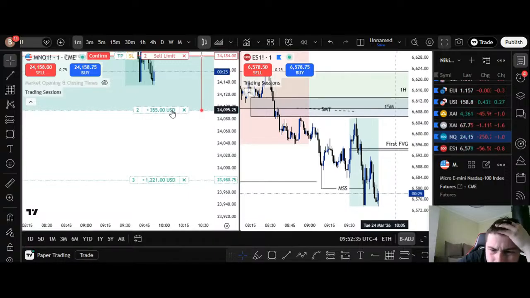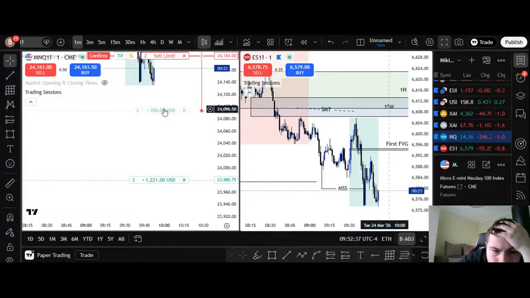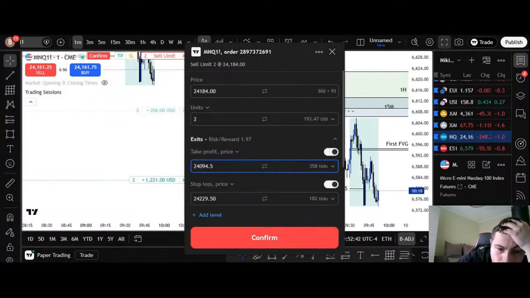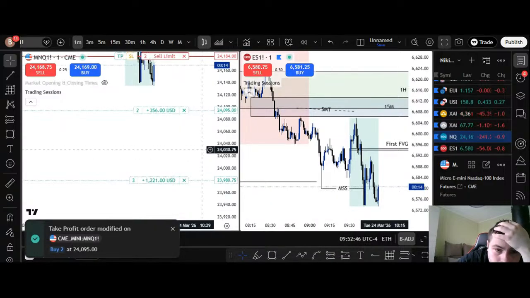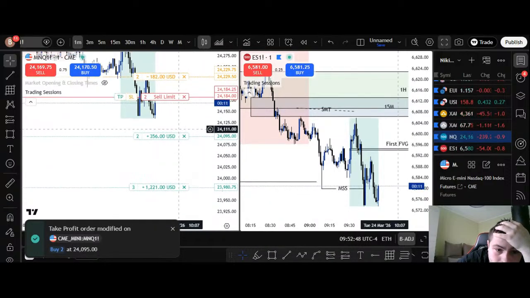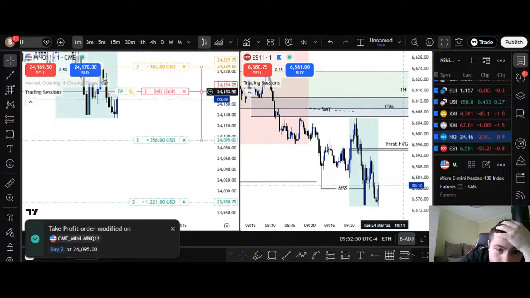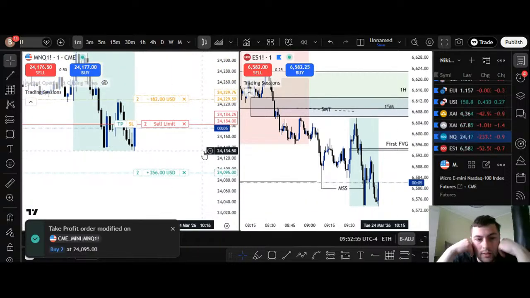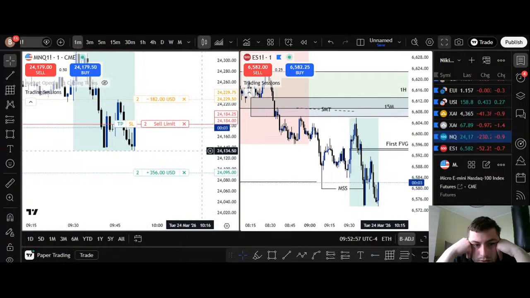Let me just take profit 95. Confirm. Here we go. I feel like I'm going to be tapped into this order now. It should be a good trade. Let's see if I'm tapped, and hopefully I'll see the immediate reaction from there.